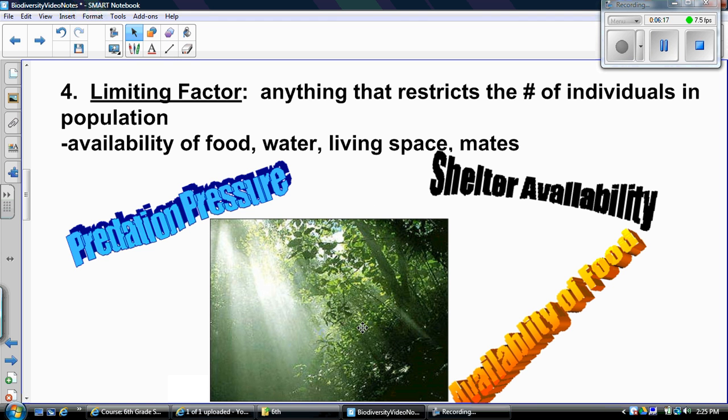So if there is not enough room for plants to reach sunlight, then plants are going to start to die and decrease in numbers. That's what's happening a lot in the tropical rainforest. So anything that's going to cause a population to decrease in size is going to be considered a limiting factor.